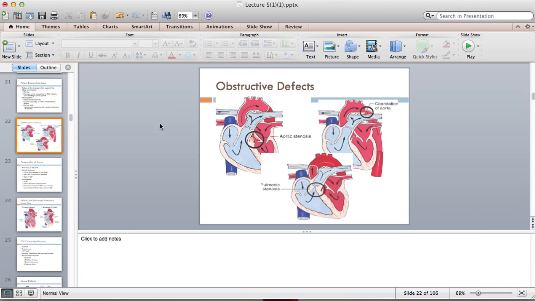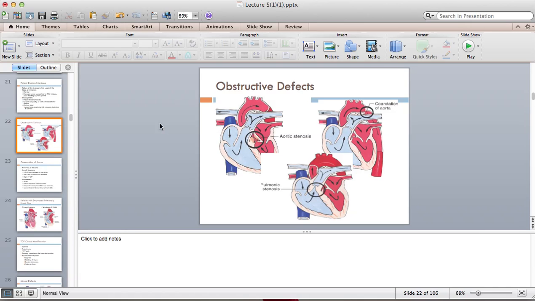So once you notice differences between the pulses or blood pressure in the arm and in the leg, you will know there is a problem. Sometimes it's as much as 10 to 20 millimeters of mercury difference in the blood pressure between the arm and the leg.